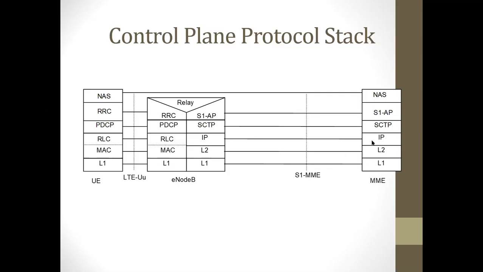They flow. But whatever NAS messages flow between the UE and the MME, they have to flow through the base station, because you have the MME behind your base station. So the way the NAS messages flow is that there are certain RRC messages. Two RRC messages are defined, which are empty.